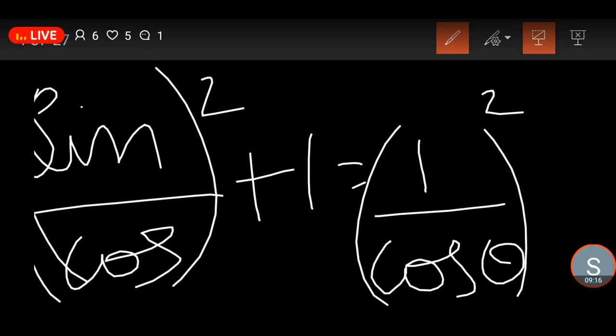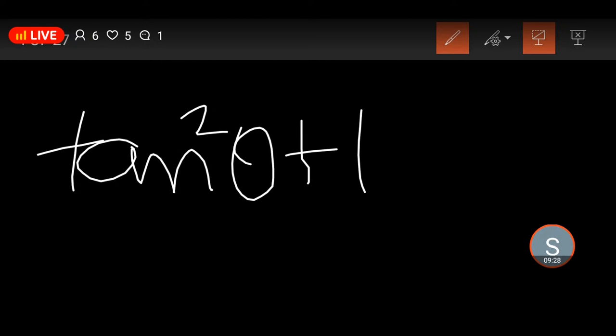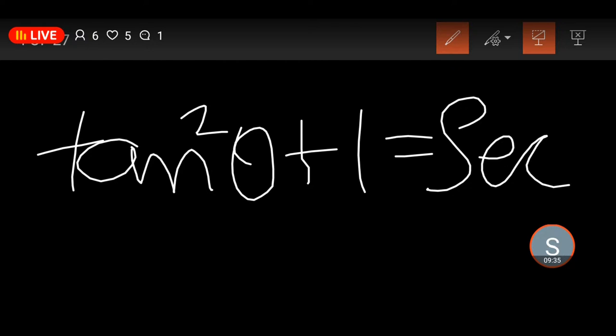Now sin by cos is tan, right? Now it will become tan square theta plus 1 is equals to 1 by cos square theta, which is secant square theta by reciprocal relations, right?